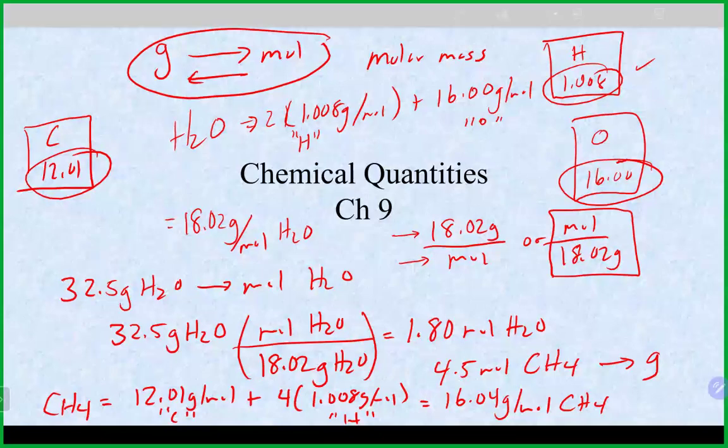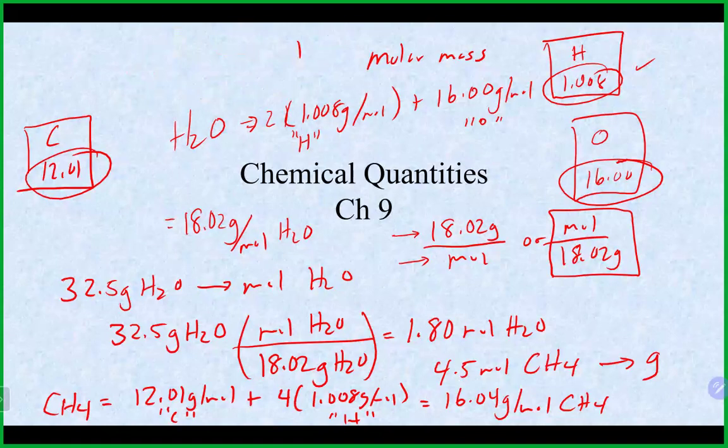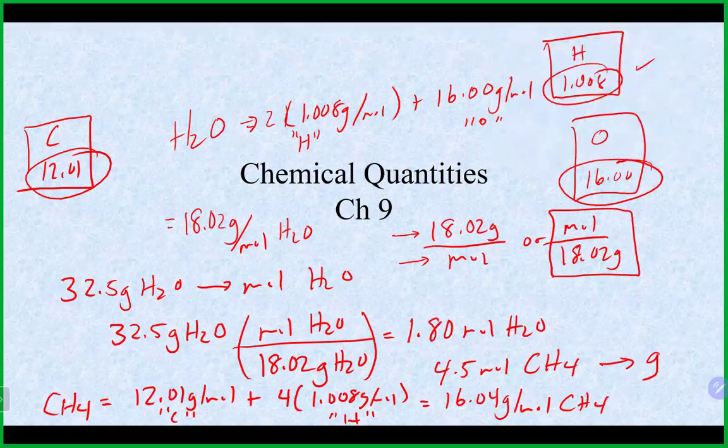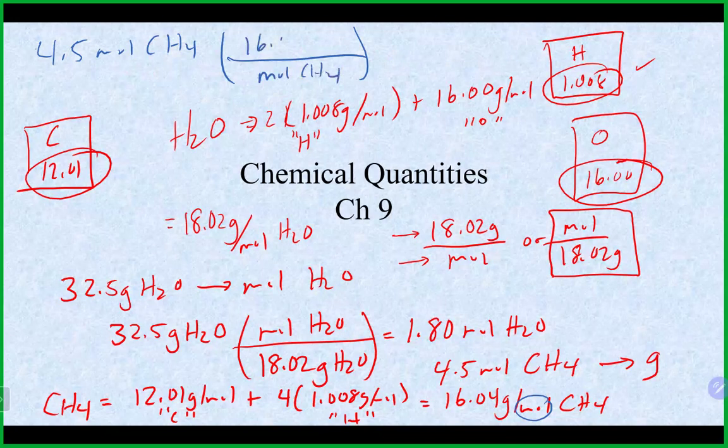And now we could actually do our calculation here. And again, I'm just going to kind of get rid of some of this, so I've got somewhere to write, maybe up here. And what we would do is we would start with our 4.5 moles of CH4. Remember, opposites are going to cancel, so we do need to put the moles on the bottom. So we'll do the moles of CH4, and again, from the periodic table, 16.04 grams.